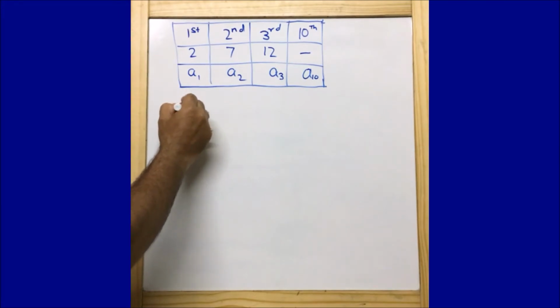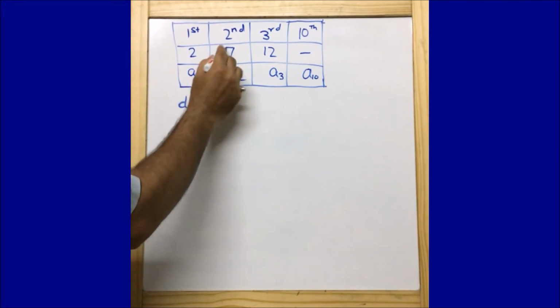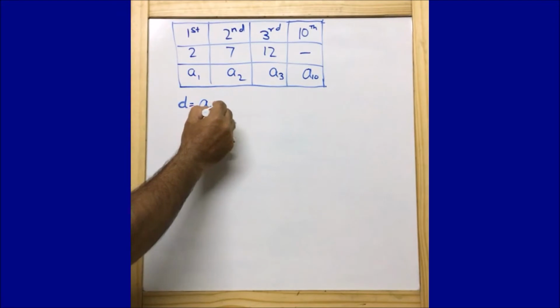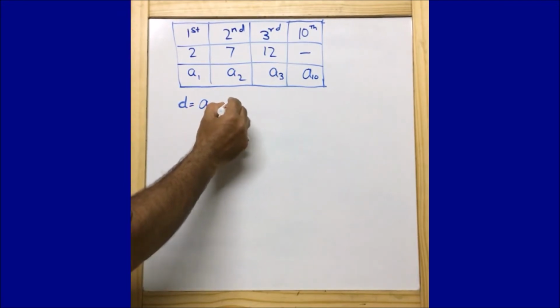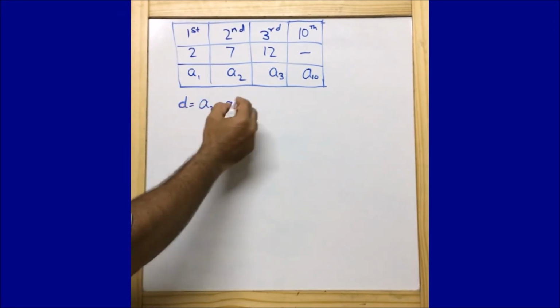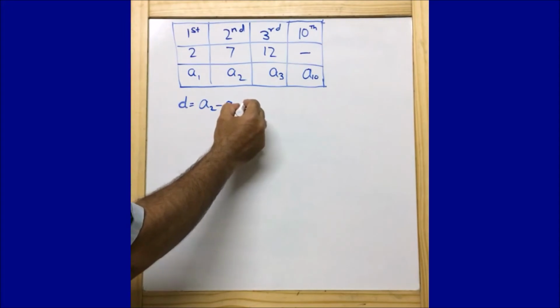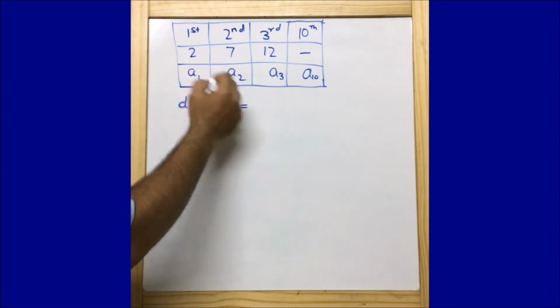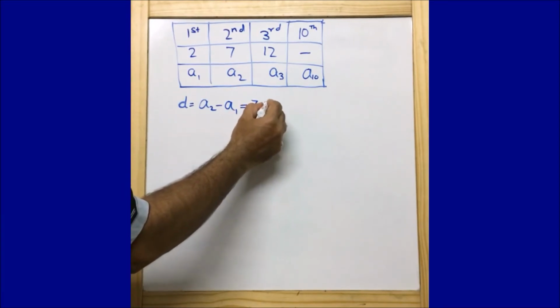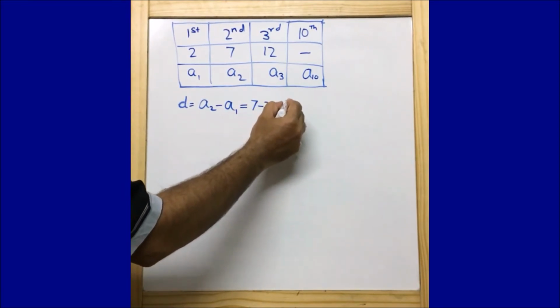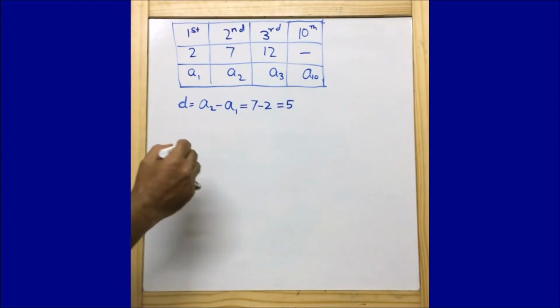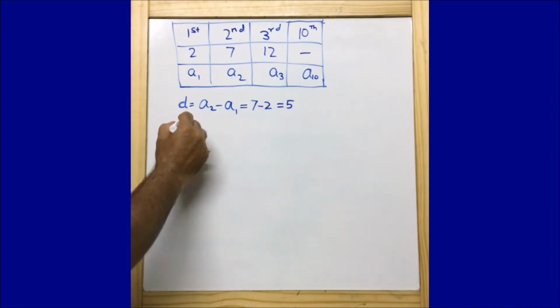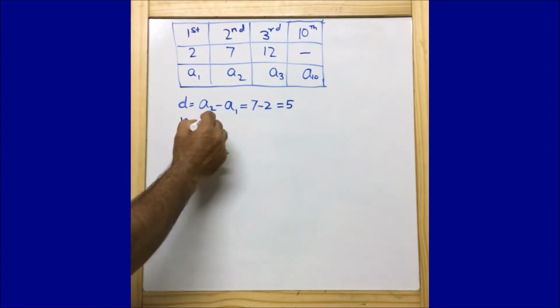Common difference d is equal to A2 minus A1. Why I am finding the common difference, you will see that it would be required while working out. So 7 minus 2 is equal to 5. So we got the common difference as 5 and n here is 10 because we are going to find the sum of the 10th term.